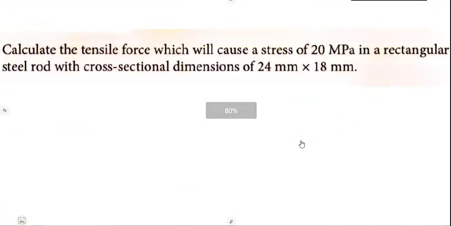All right. Another question. We were given: calculate the tensile force. Like I said, as we work with direct stress, it can experience a tensile force or it can experience a compressive force. So meaning to say, when they say calculate a tensile force, it means the stress here that we are given is a tensile stress.